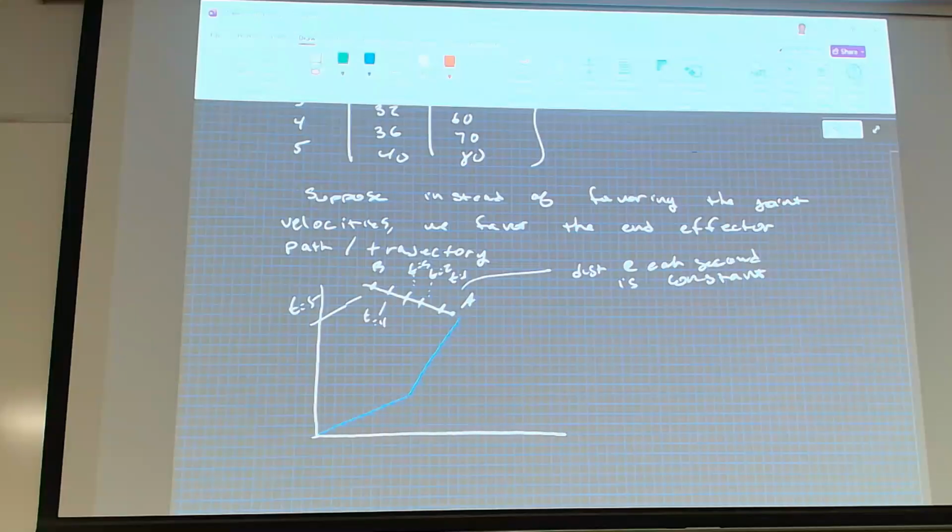That is, each one of those is L, so that L1 is equal to L2 equals L3 equals L4 equals L5. Equal lengths.